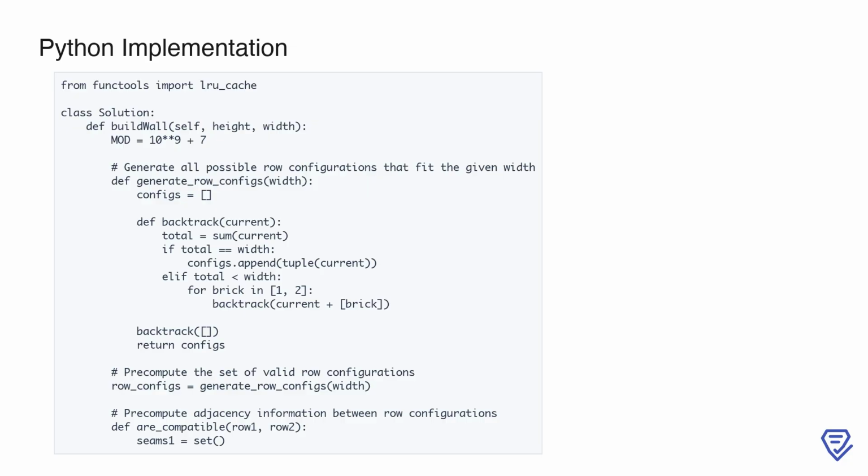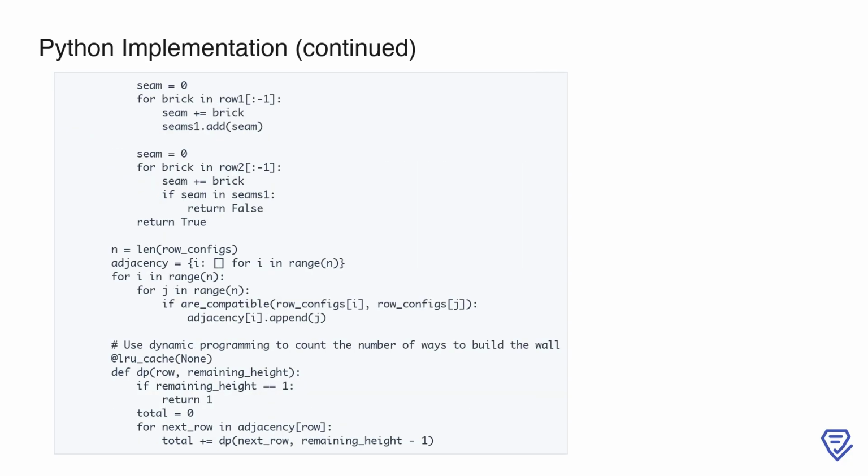The next step is to determine how these rows interact with each other. To ensure that the rows align properly in the wall, we define a function called is_compatible. This function checks if two row configurations can be stacked without any vertical seams aligning. First, we compute the positions of the seams for the first row by summing the widths of its bricks and storing these positions in a set called seams1.